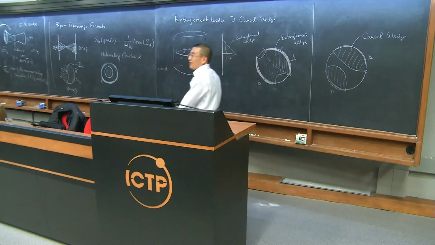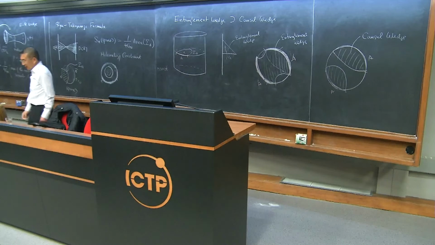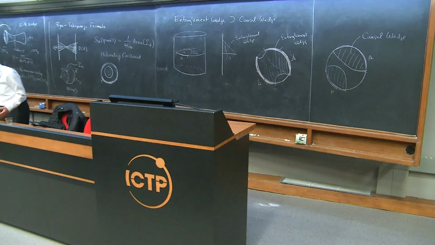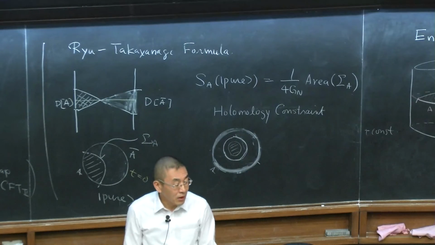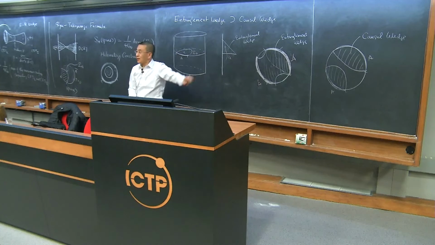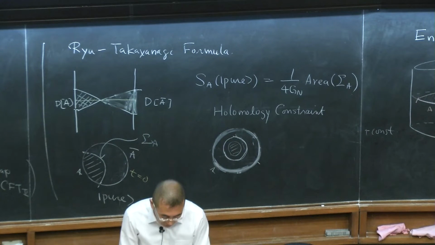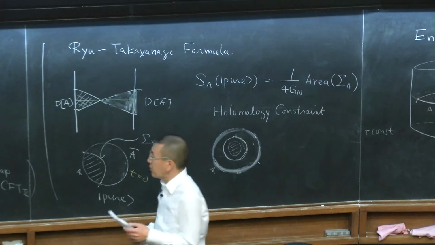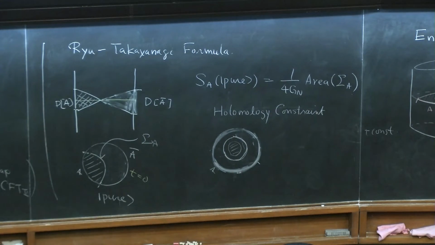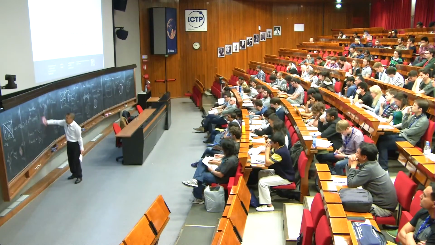So in the remaining half an hour, I would like to give an argument that you can, in principle, reconstruct local operators in this larger space of the entanglement wedge rather than the causal wedge. But in order to do that, I have to tell you a little bit about the various entropy inequalities that you can derive for entanglement entropy.